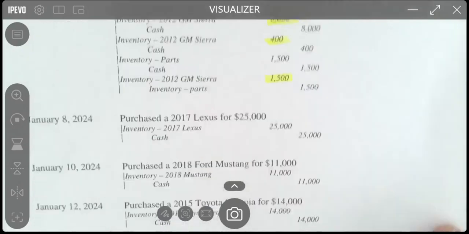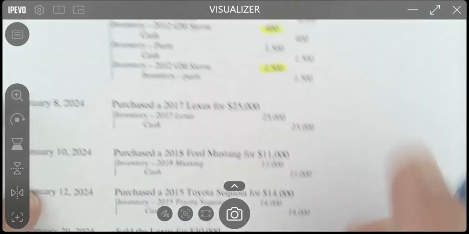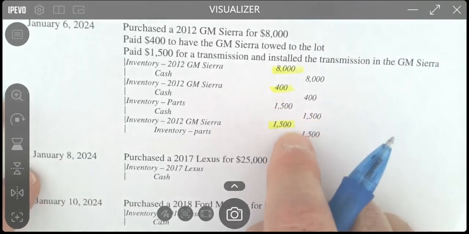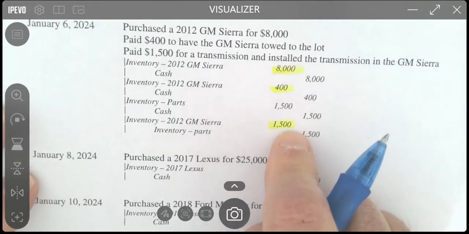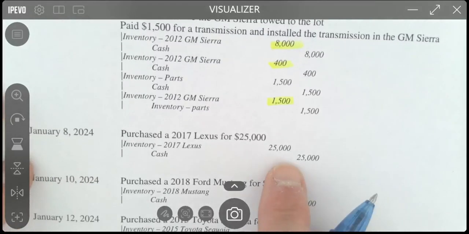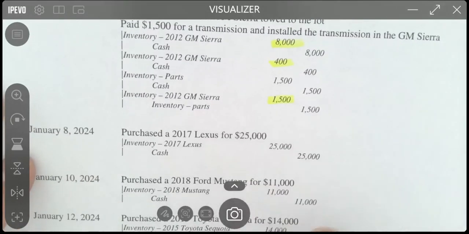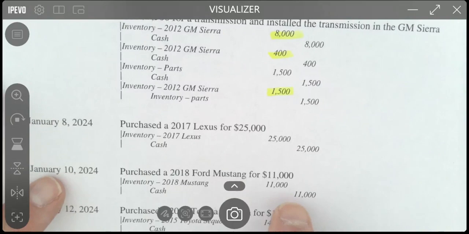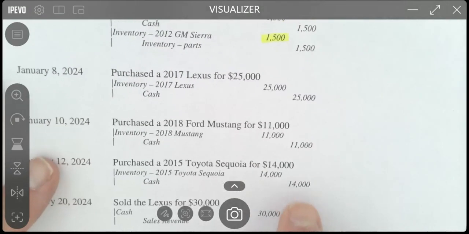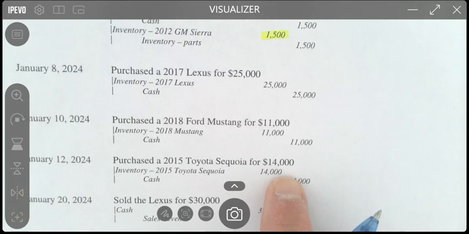The dollars associated with that are the Honda, $12,000. The Sierra, $9,900. The Lexus, $25,000. The Ford Mustang, $11,000. And the Sequoia, $14,000.